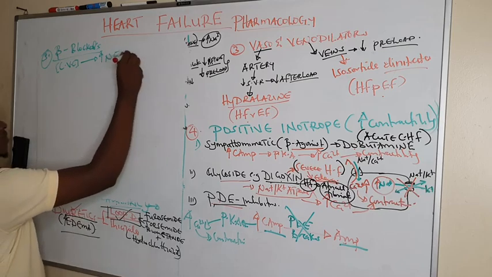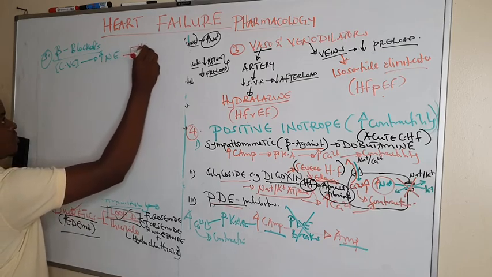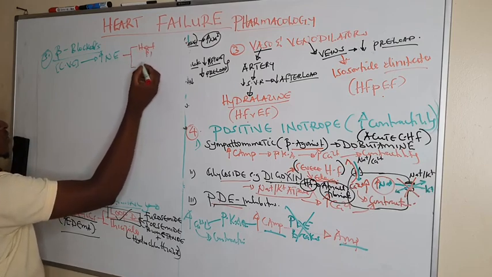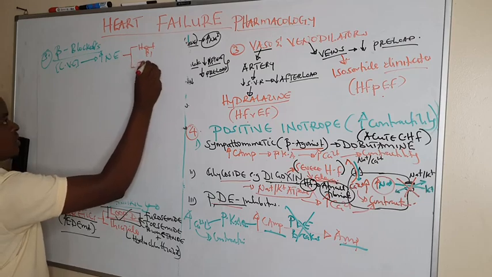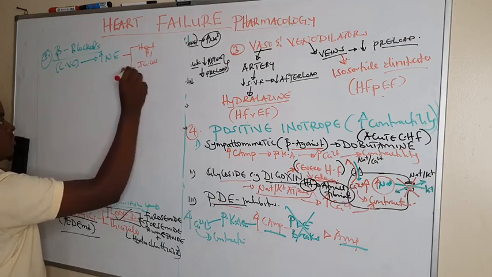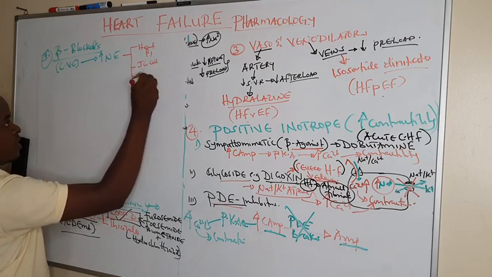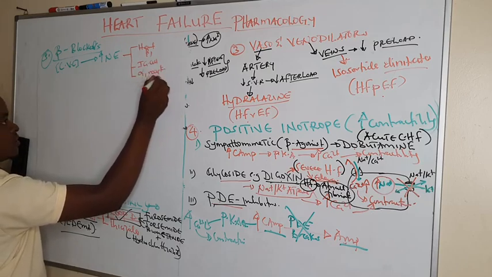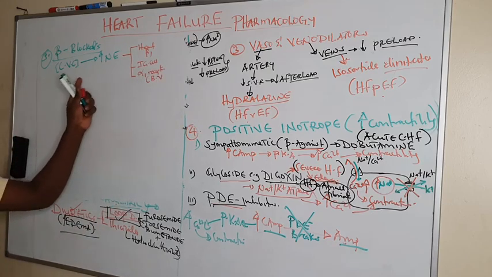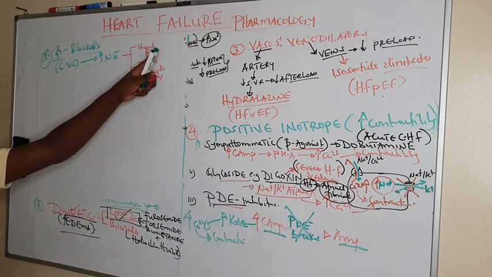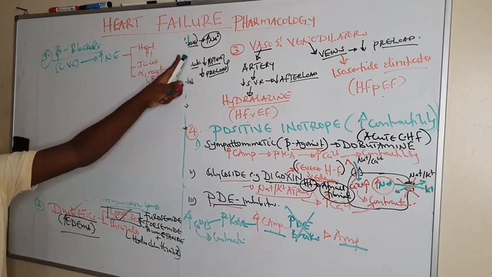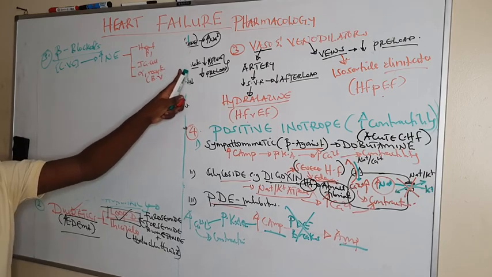This norepinephrine goes to the cardiac muscles, that is the heart, where there are beta-1 receptors, and it goes also to the juxtaglomerular cells of the kidney, and also to the alpha-1 receptors in the blood vessels. So what happens with this? If we stimulate this, it increases the contractility and conduction. This one leads to production of renin, and this one leads to vasoconstriction.